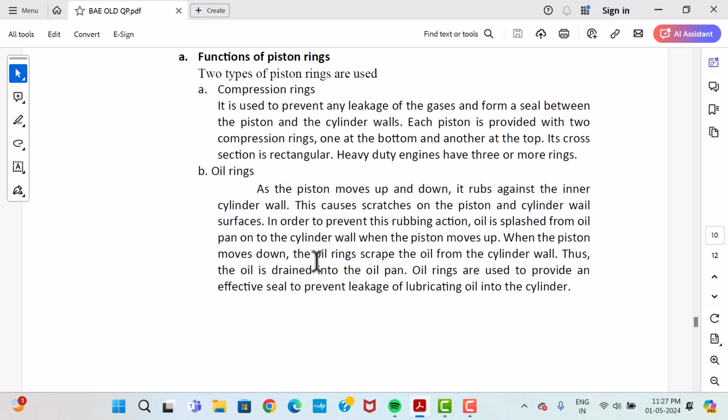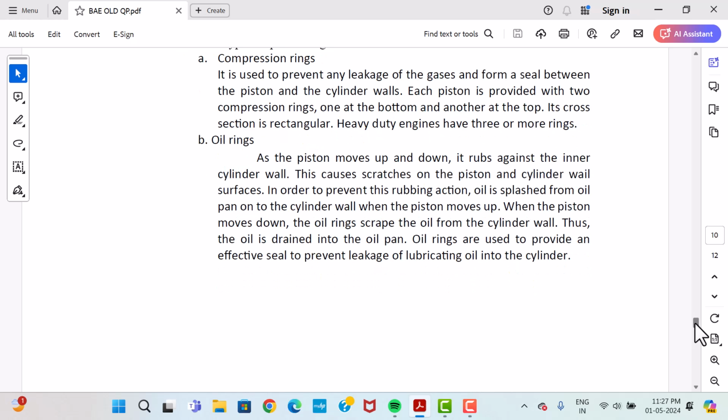When the piston moves down, the oil rings scrape the oil from the cylinder wall. Thus, the oil is drained into the oil pan. Oil rings are used to provide an effective seal to prevent leakage of lubricating oil into the cylinder. So the oil ring is also doing a specific function.